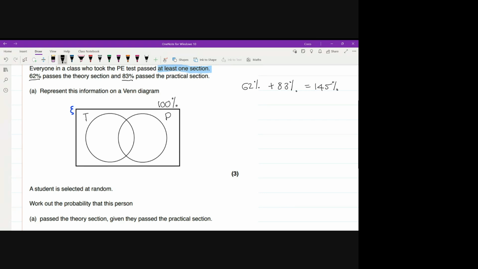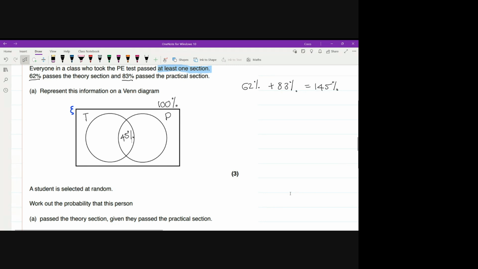What percentage of the people would go in the middle? 45. That's it. Good, because the whole thing needs to be 100%. So in the middle here, we need to have that 45% of people who's extra because they've passed both. Thumbs up. Is everybody understanding how we got there? Excellent stuff.